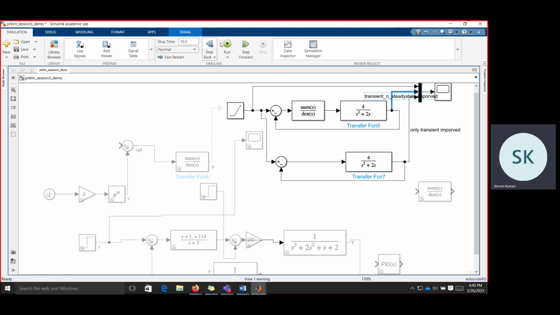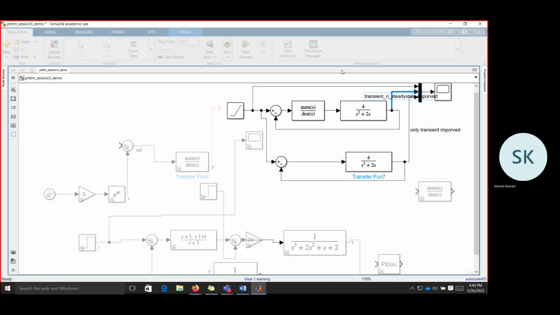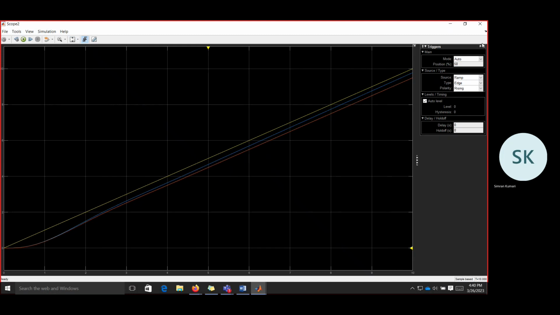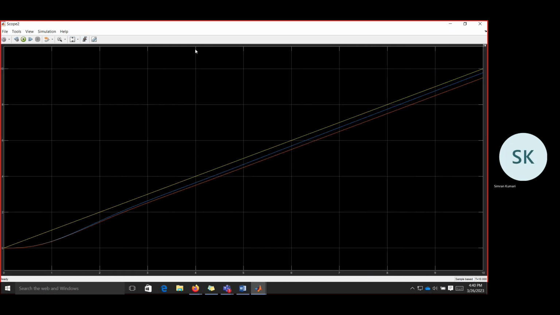You can see if it is improved or not. We want a legend. Can you find this one? Yeah. I hope this is visible. This one is the transient and steady state improved.